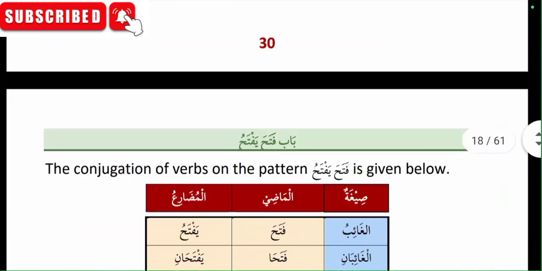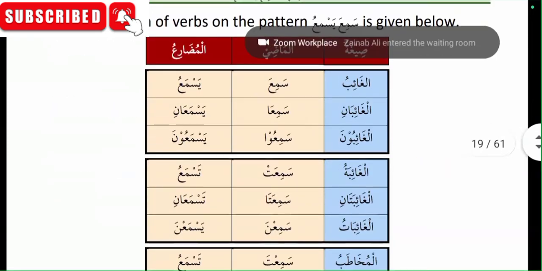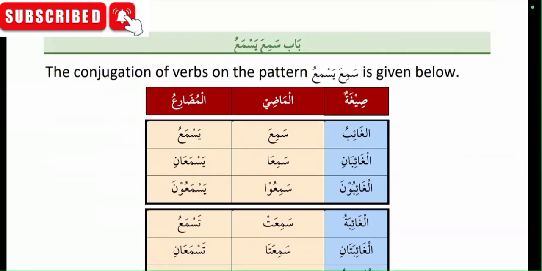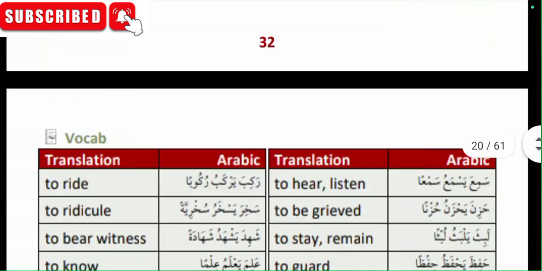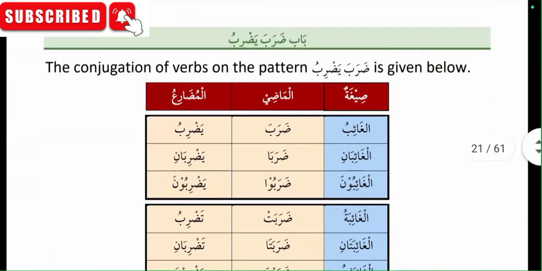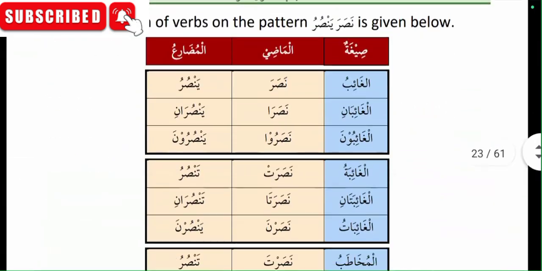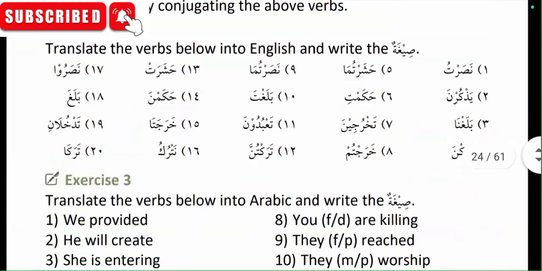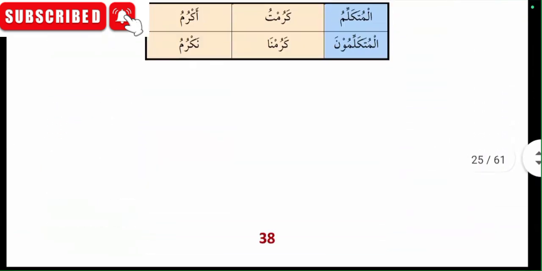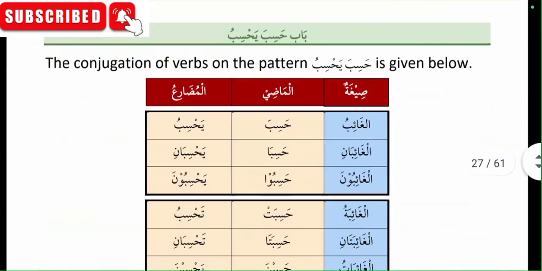We moved on to Fataha Yaftahu, then Sami'a Yasma'u, Nasara Yansuru, Daraba Yadribu, Hasiba Yahsibu, and Karuma Yakrumu. We have done all these.